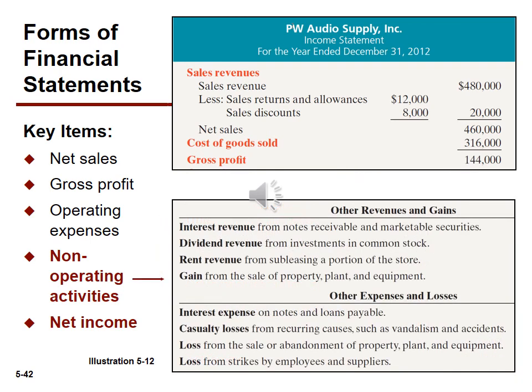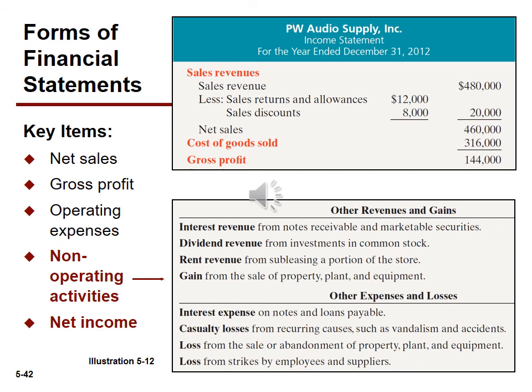The other revenues and gains and the other expenses and losses, which are the two broad categories of non-operating activities, are quite broad, but they normally include interest revenue, dividend revenue, rent revenue, and gains from the sales of property, plant, and equipment.